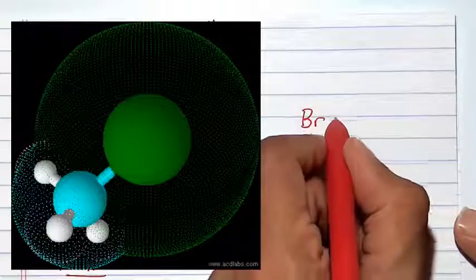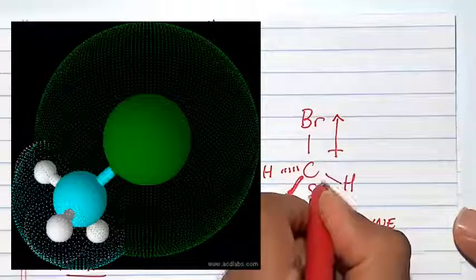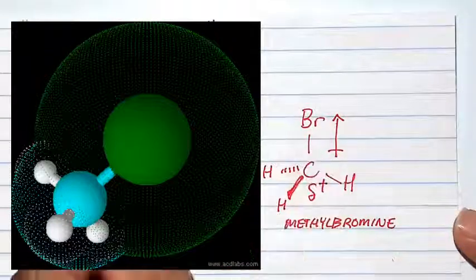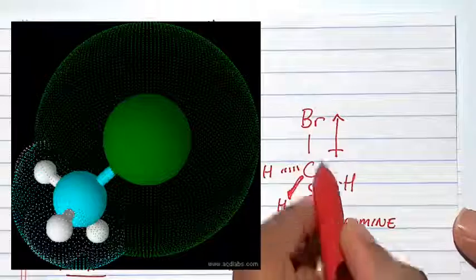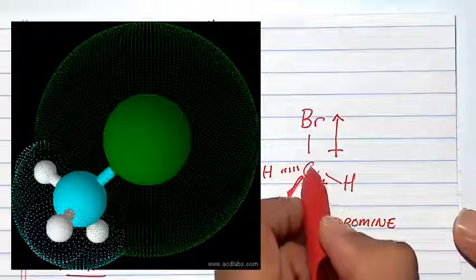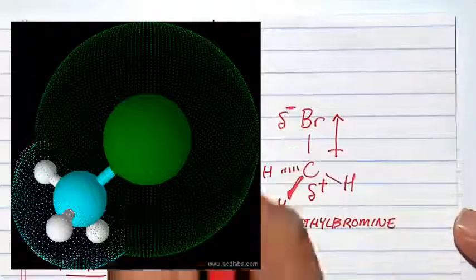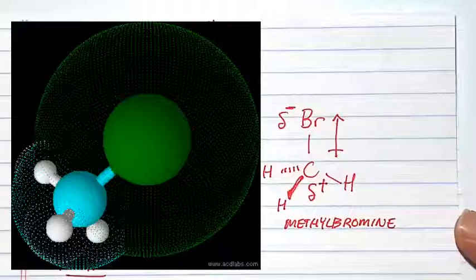The electronegative bromine is going to pull electron density towards itself. So this is not a single bond that's shared equally, just like this is not a double bond that's shared equally. This bromine, by virtue of its electronegativity, is going to pull electron density towards itself, and that's going to make it partial negative. And since this becomes partial negative, this becomes partial positive.